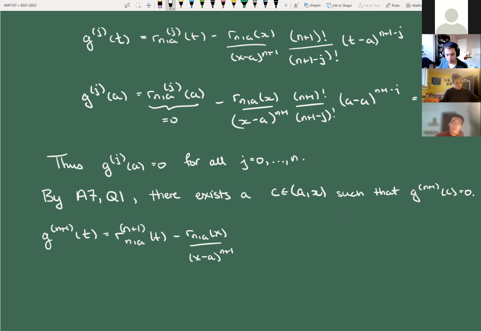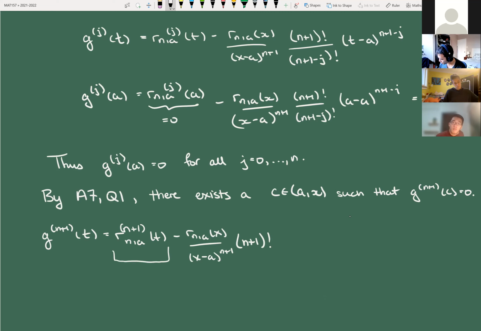So now, right, normally this next term is (t minus a) to the power of n plus 1, but I've actually differentiated it n plus 1 times. So that gives me n plus 1 factorial, period. There's no more (t minus a)'s surviving, right? It's like if you have (t minus a) to the power of 4, and you differentiate that 4 times, the answer is just a constant, and it's precisely 4 factorial, right? So we just get n plus 1 factorial here.